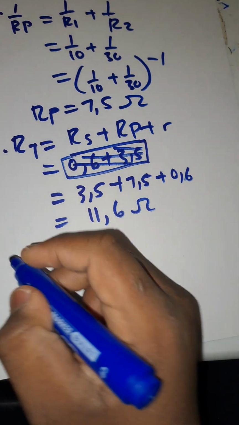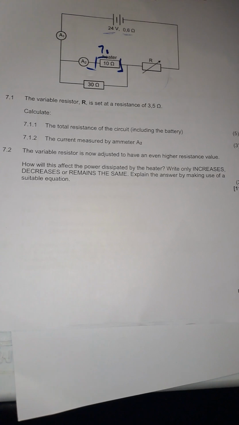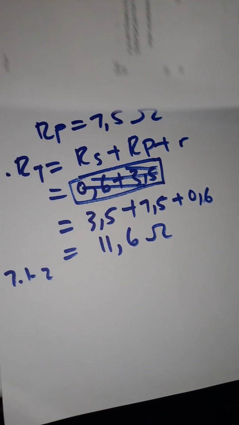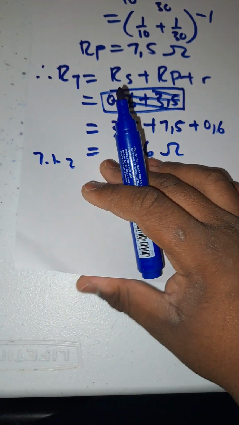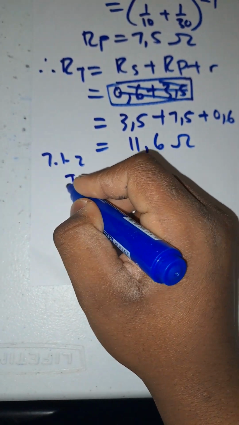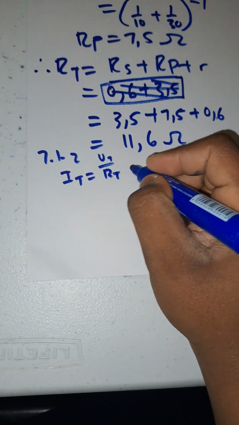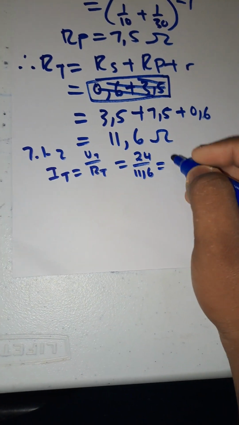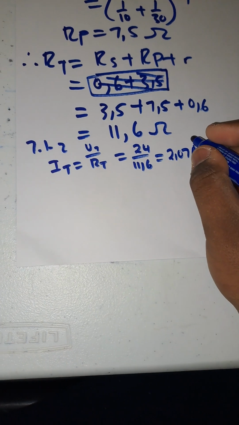Okay, so now 7.1.2, what does it say? The current measured by ammeter A2. Since I have the total voltage and the total resistance, I can simply calculate the total current, which equals 24 over 11.6. I'll get 2.07 amps.